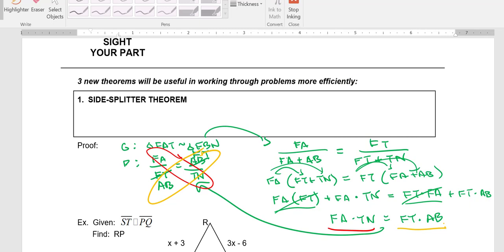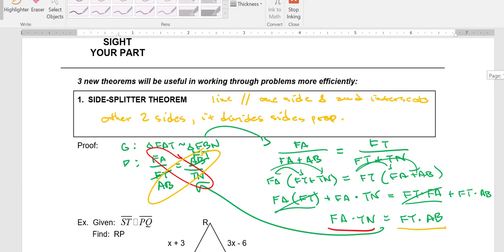So basically, side splitter says that if you have a line that's parallel to one side of a triangle, and intersects the other two sides of the triangle, then it divides the sides proportionally.